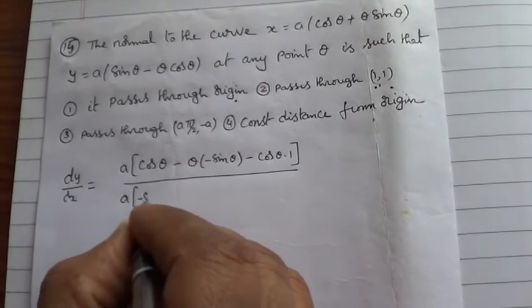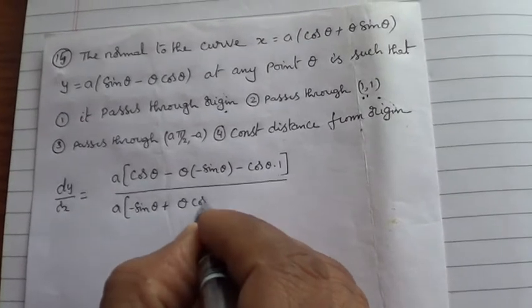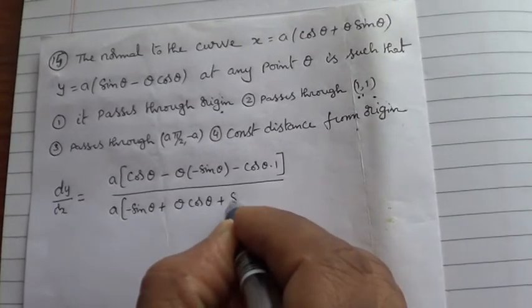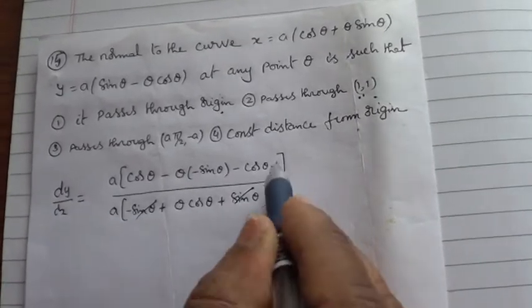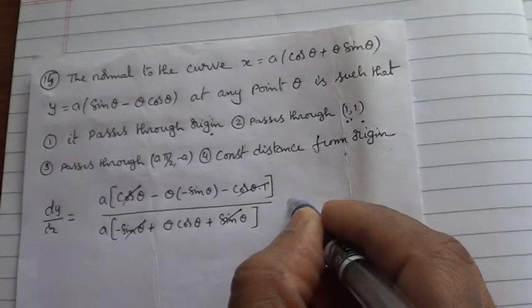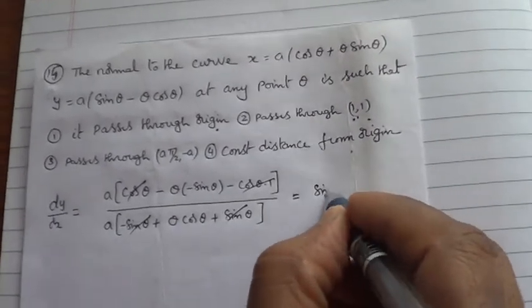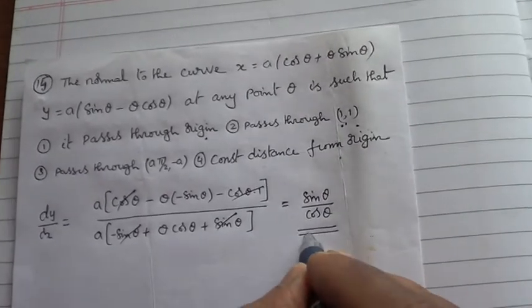A into cos theta, differentiation is minus sin theta, plus theta into sin theta, differentiation is cos theta, plus sin theta. Now sin theta cancels, cos theta cancels, a theta also cancels, right? So we are getting sin theta divided by cos theta. This is the slope of the tangent.